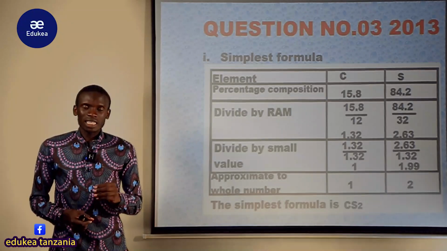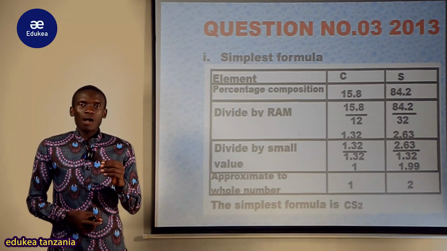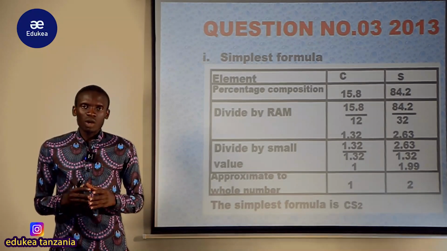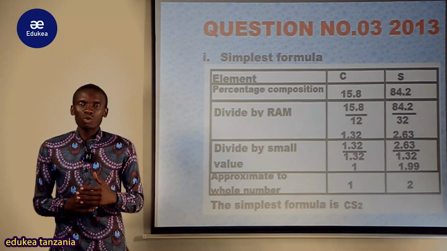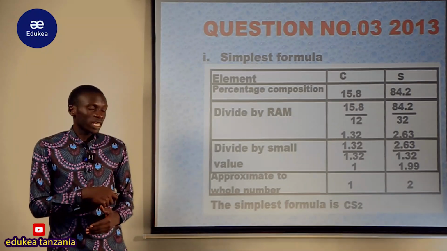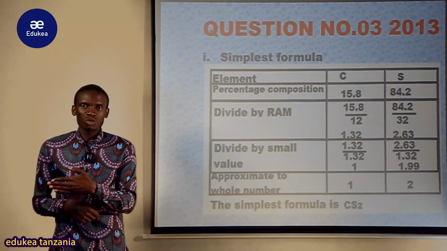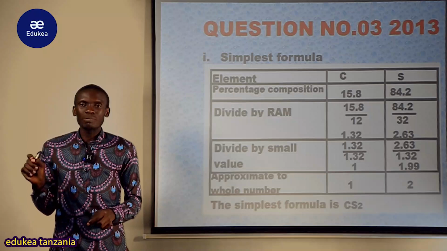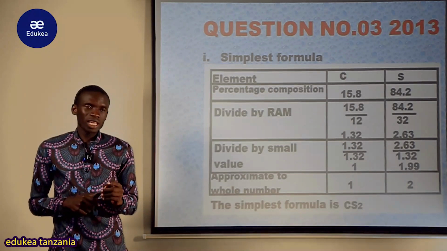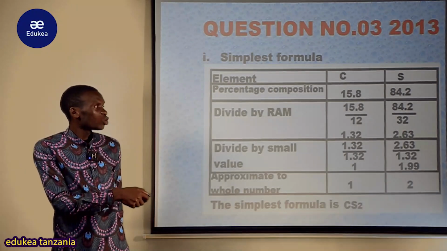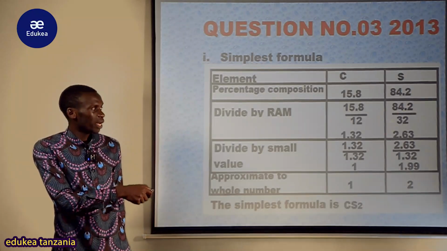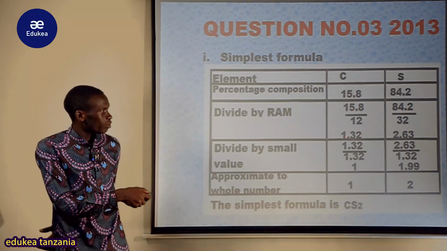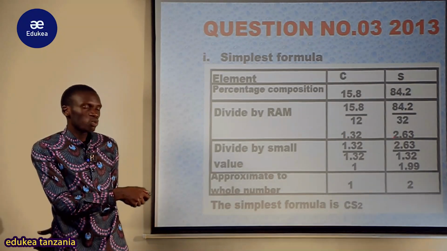After obtaining the results in step 3, take the smallest value and divide all the values by it. Divide it by itself and divide the remaining results from step 3 by it. For our answer, the smallest value is 1.32, because the other is 2.63.